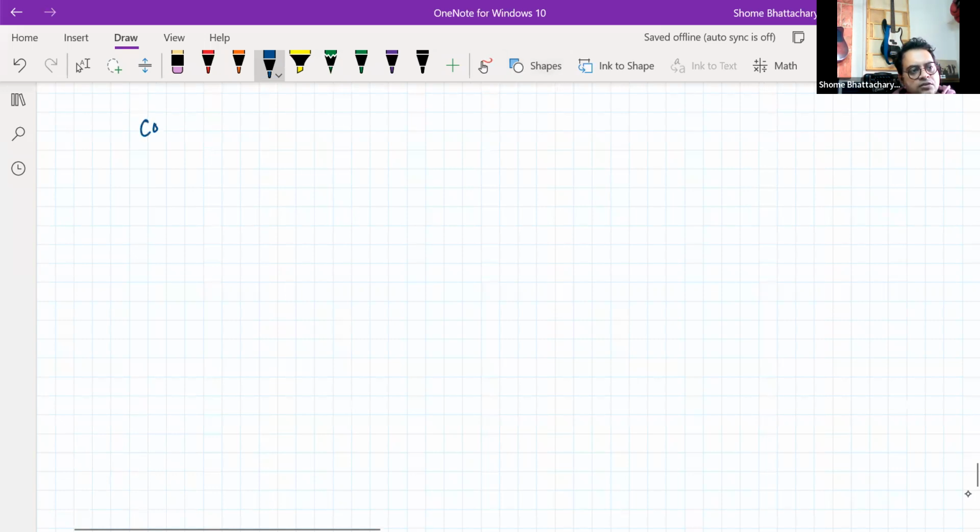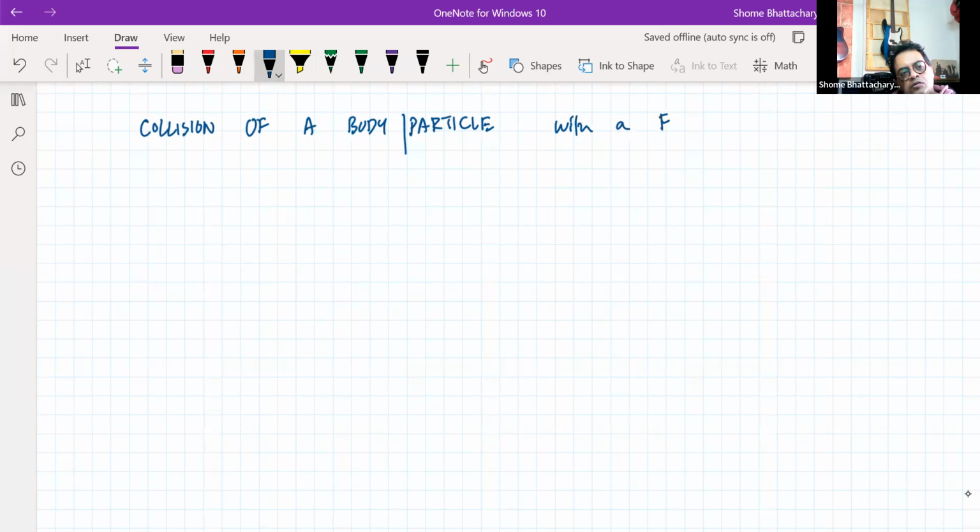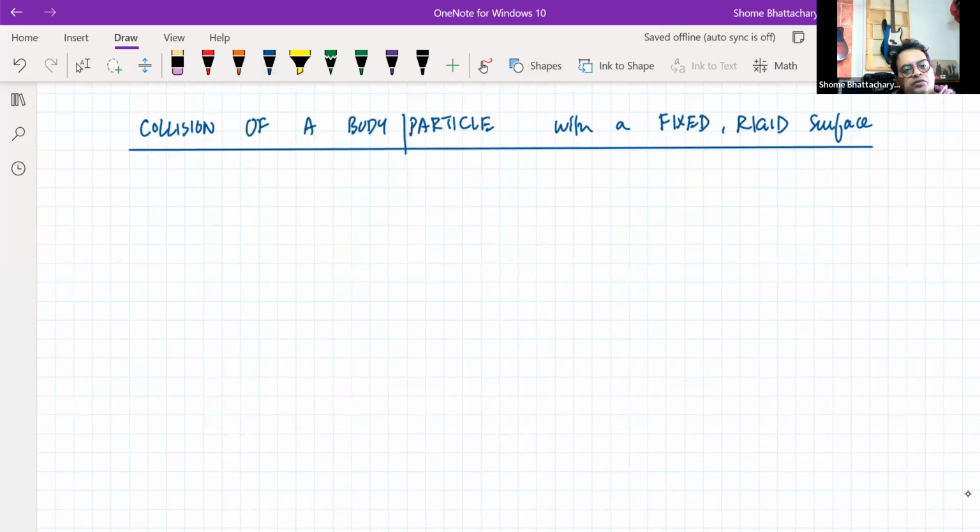If we have this situation, collision of a body or a particle with a fixed rigid surface, like a ball bouncing on the floor. And the surface is not elastic, like a rubber sheet or something. It is a rigid surface, like a wall or a rigid floor, that kind of situation.